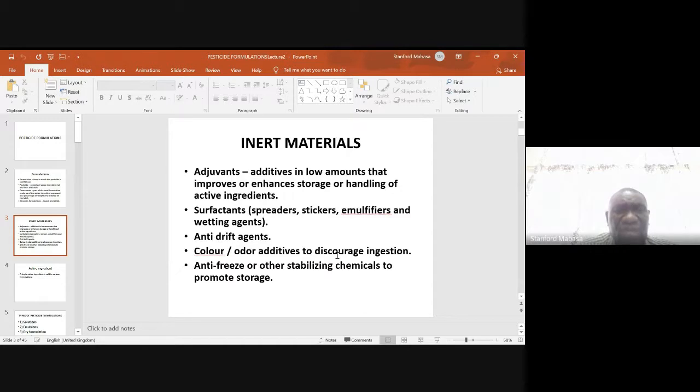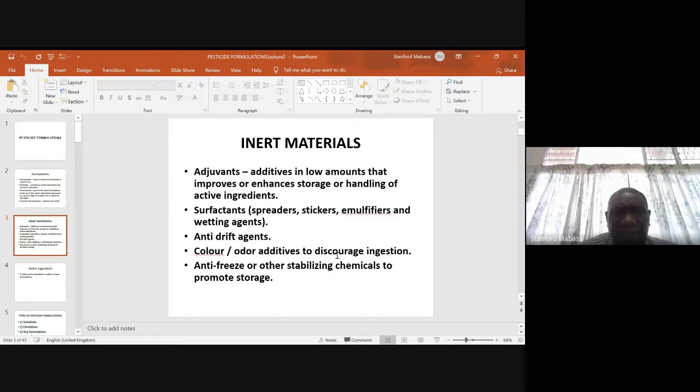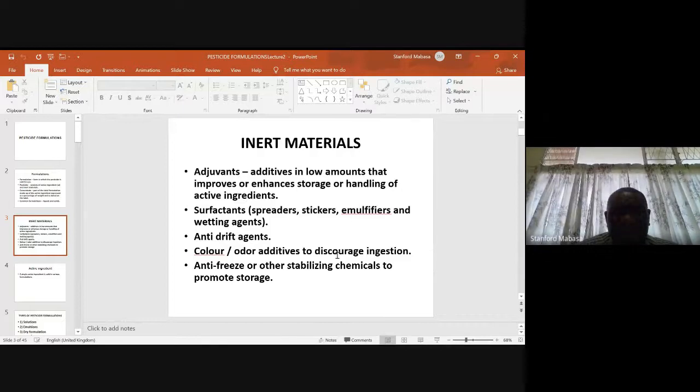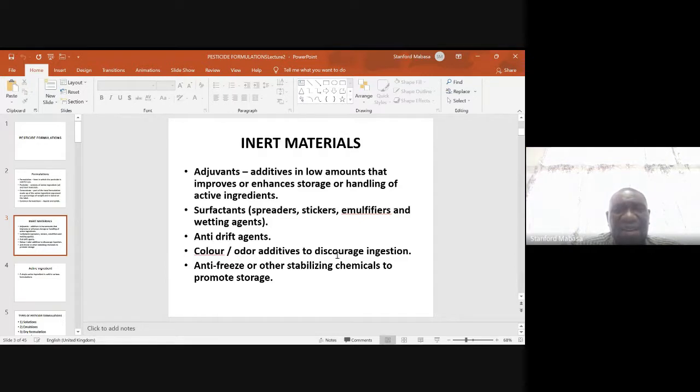You can also have what are known as surfactants. These are spreaders or stickers, emulsifiers, or wetting agents. Later, we'll explain what they are or what is their purpose in a bit more detail.